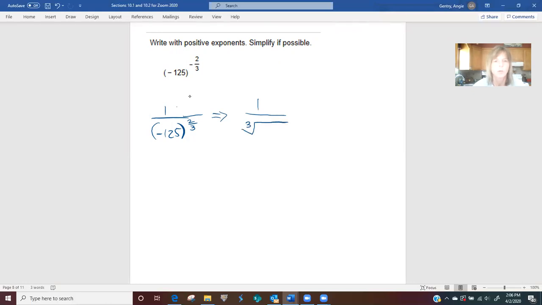But cube root of negative 125 squared. And then we can write the 2, we're going to move to the outside. This one's not as bad. And then negative 125, we can change into negative 5 cubed.